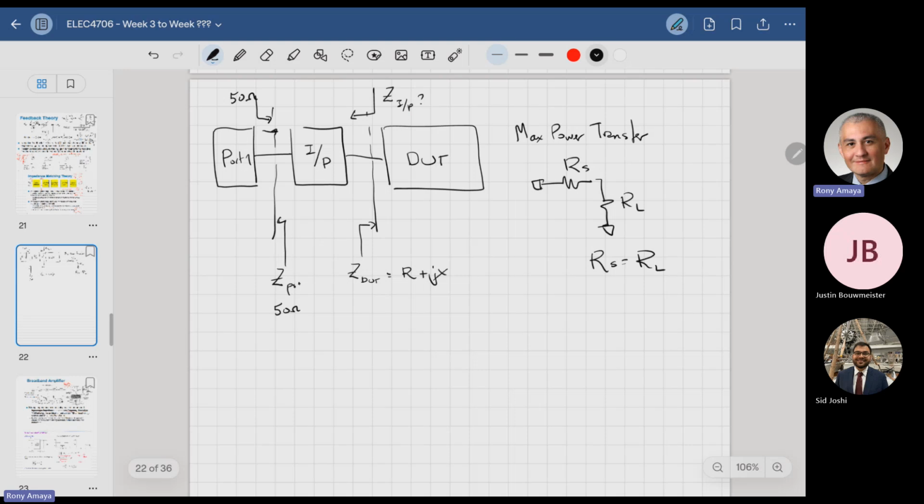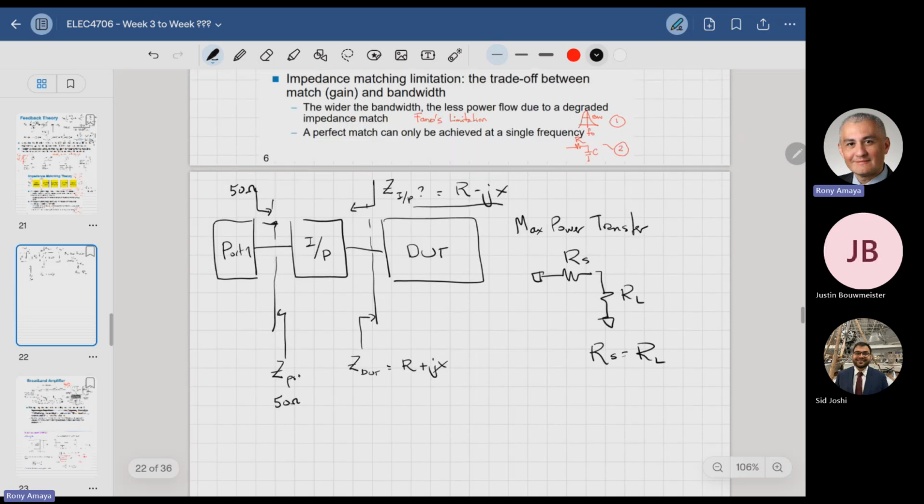There's one value that is going to, without a doubt, perfectly match 50 ohms to R plus jX. It's like creating a transformation that transforms 50 ohms to the conjugate match of the input impedance. So if we have R plus jX, this input impedance will have to be R minus jX. That's basically the rule here.